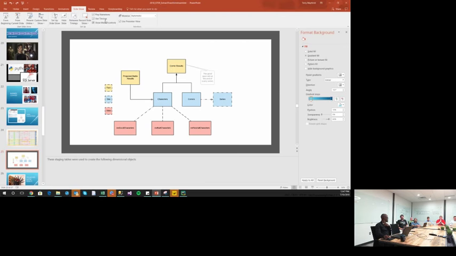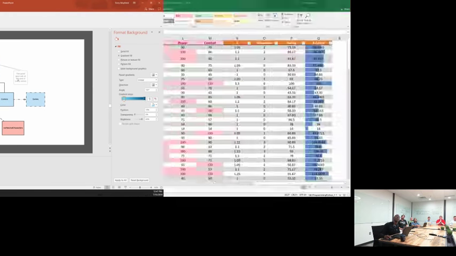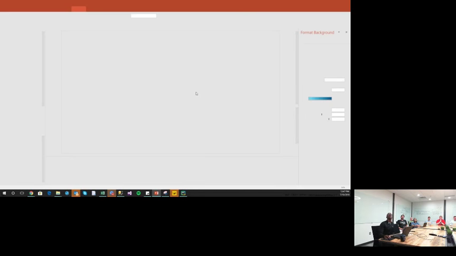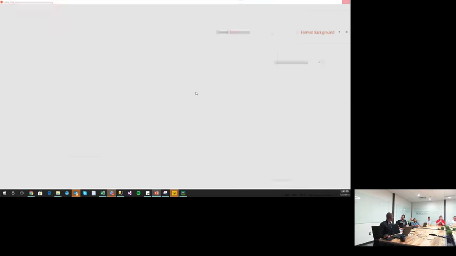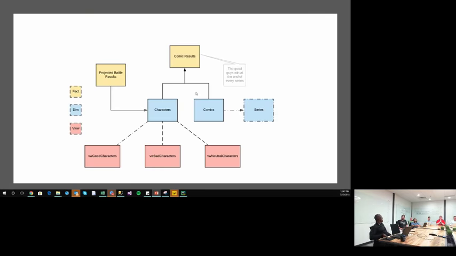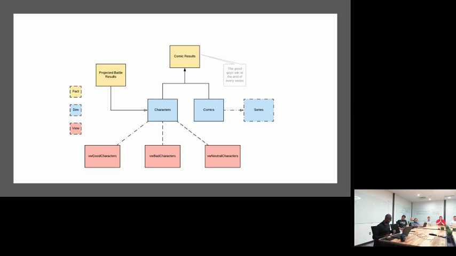A data mart is just an environment that's optimized to answer business questions. Again, this is an environment that's optimized to answer questions.